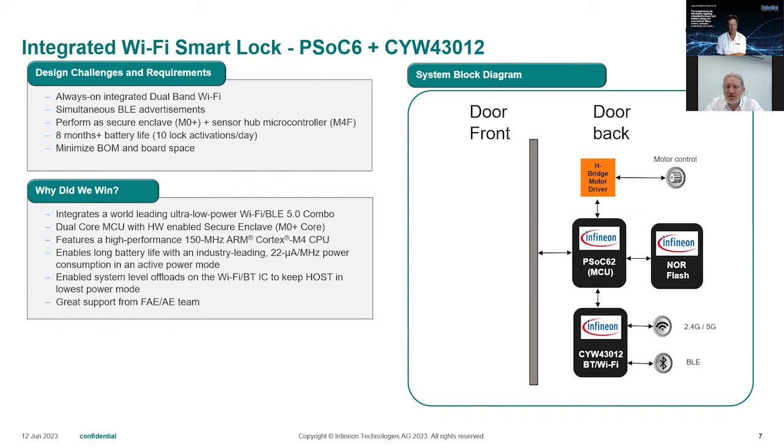Traditionally people used 2.4 gigahertz because it had better range, but we have a lot of features built into this 43012 device, such as beamforming, where it's able to operate on the 5 gigahertz band, which would give lower range, but we can use beamforming to gain that back, and then you can be on air, send a message, and get off as soon as possible. So getting back to sleep as quickly as possible is one key to extending the battery life.